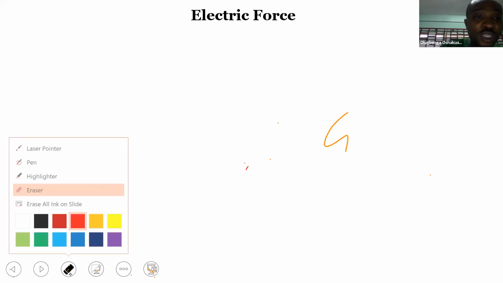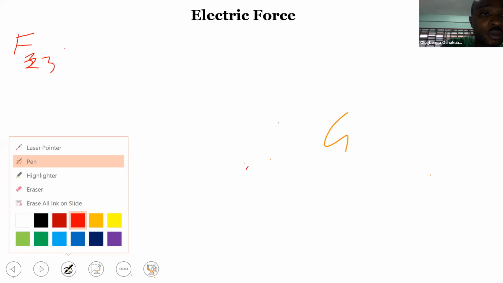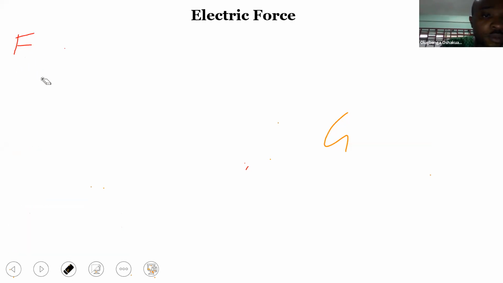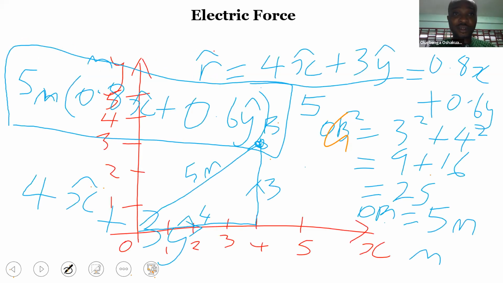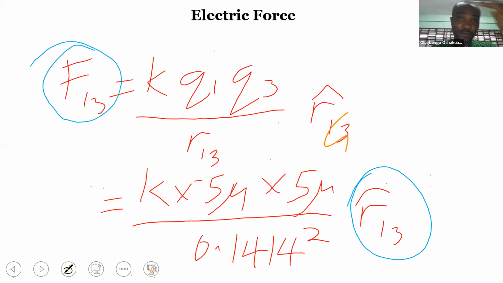So let me write it here: F23 is equal to K Q2 Q3 over R23 squared R23 caret. Sorry, I forgot to put squared. Yes, there should be squared.